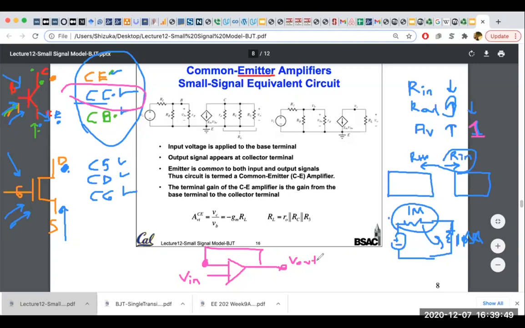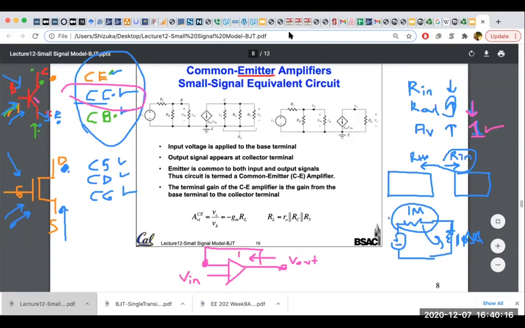So this is an amplifier with a feedback of 1. You can use a common collector instead of this, because the gain is 1 and the output impedance is quite low, as you can see. So you can use this common collector as a buffer.